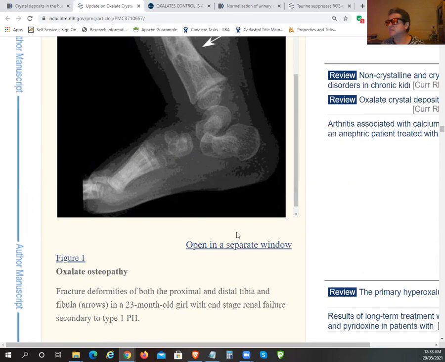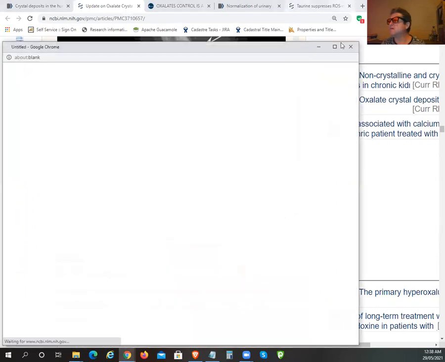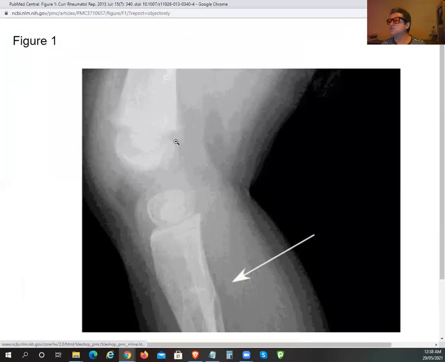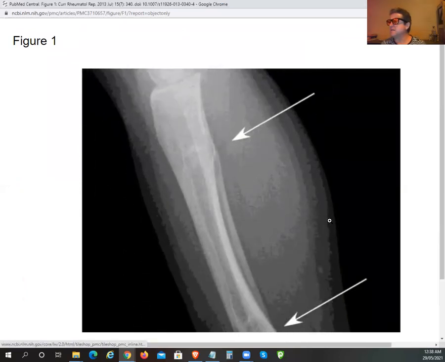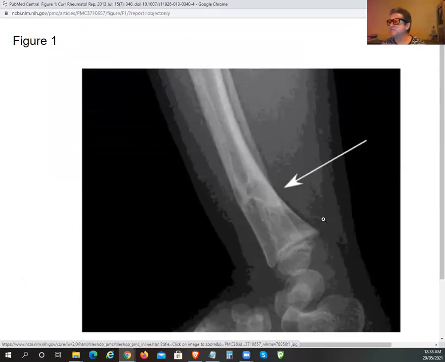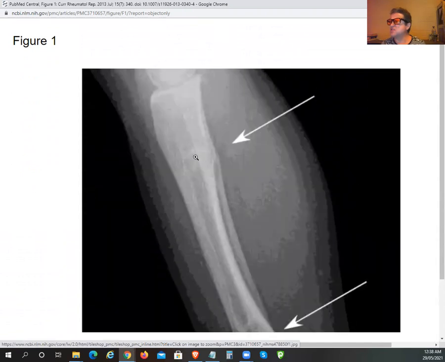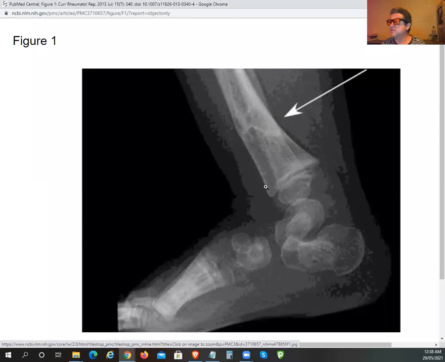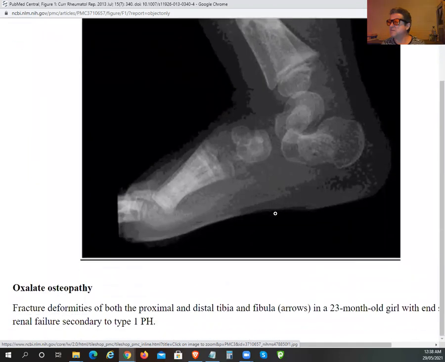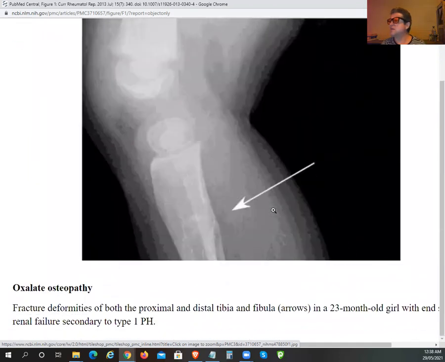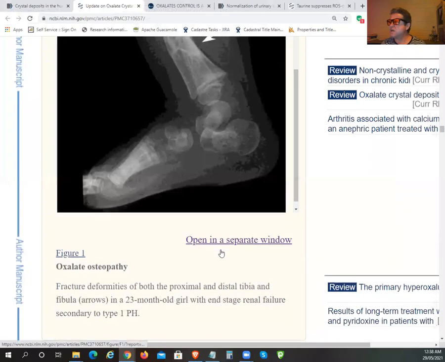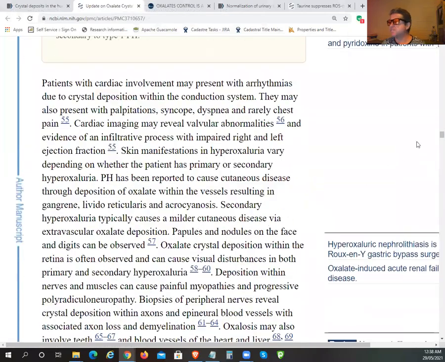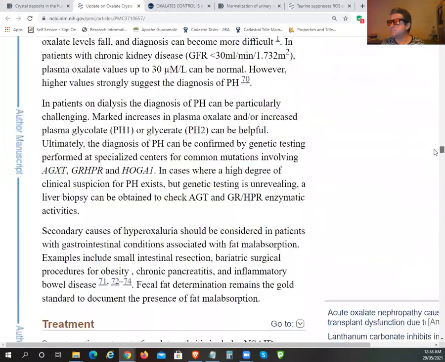Again, probably from the mother consuming too many of these. So you can see the depositions in the bone as well of these crystals. So if your mum's consuming these sort of foods on a vegan or low carbohydrate diet while she's pregnant, it could be an issue.